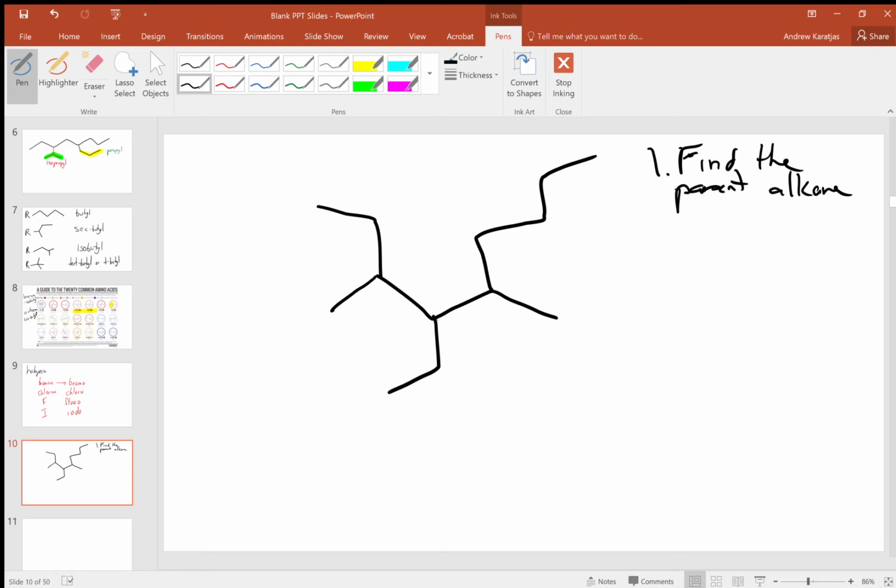But it's not always going to be straight across. So one of the common mistakes I see is that we just look straight across the middle and say there's a 5-carbon chain. And that is a 5-carbon chain, but it's not the longest chain in the molecule. The longest chain in the molecule is this one here. And if you count it, it's a total of 9 carbons.